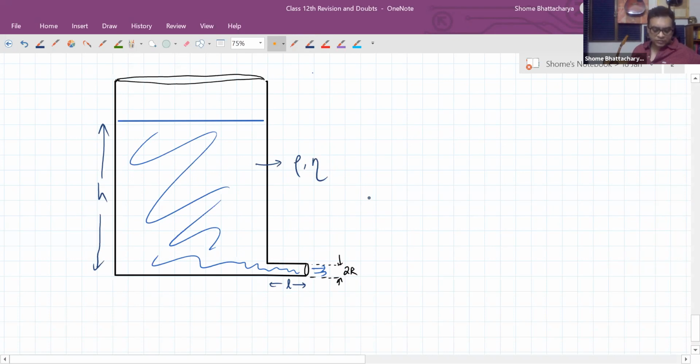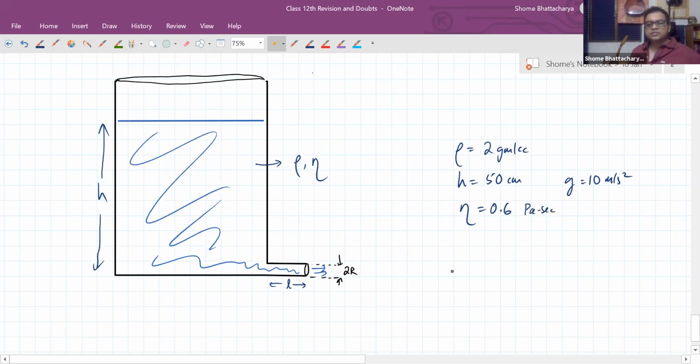All this is given to us. Let's say the density is 2 gram per cc. The height of the liquid column is, let's say, 50 centimeters. Take acceleration due to gravity 10 meters per second square. And the coefficient of viscosity, let's take 0.6 Pascal second.